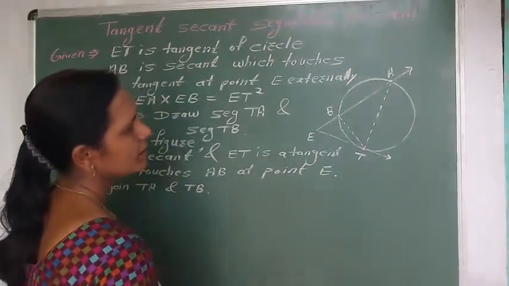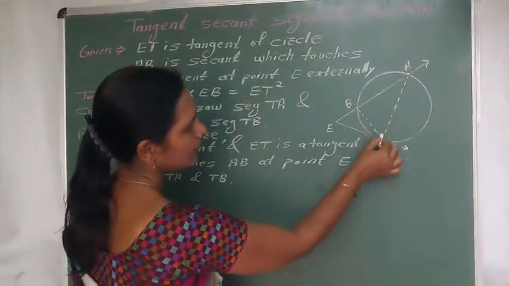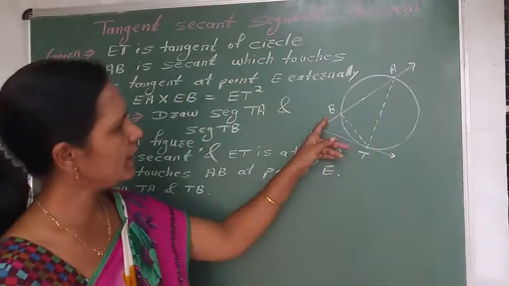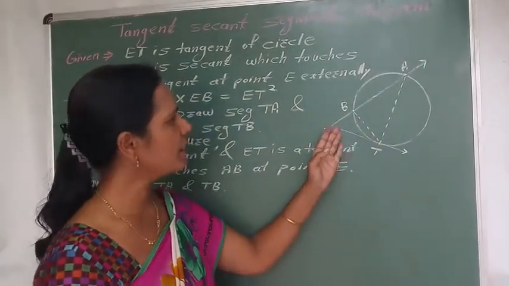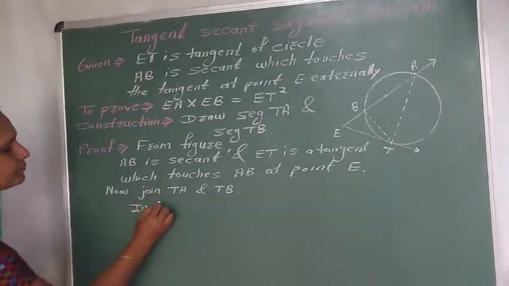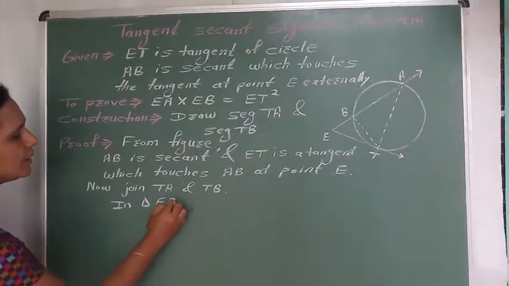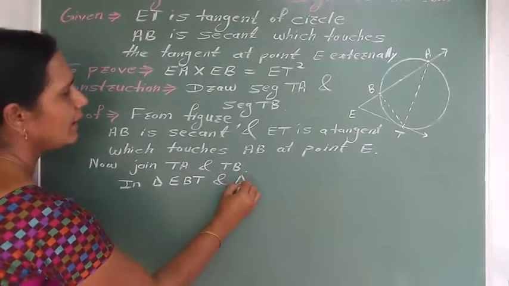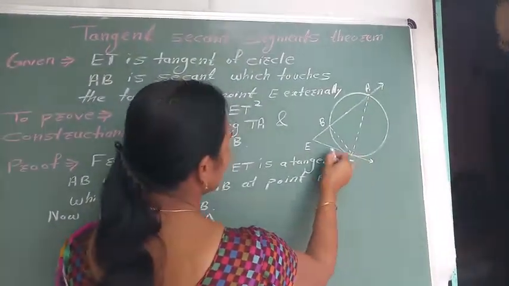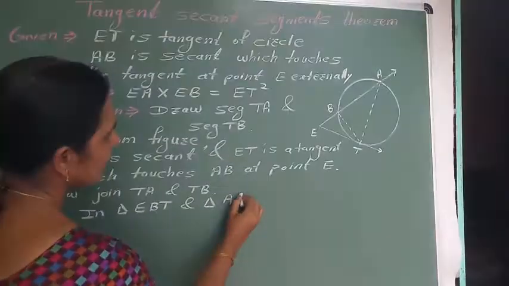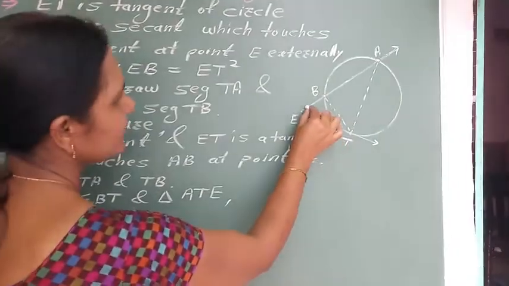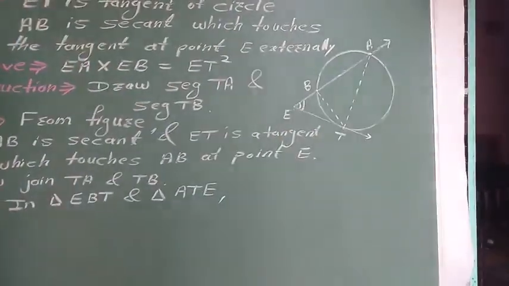Now consider triangle EBT, this small triangle, and the second triangle ATE. Angle E is a common angle.